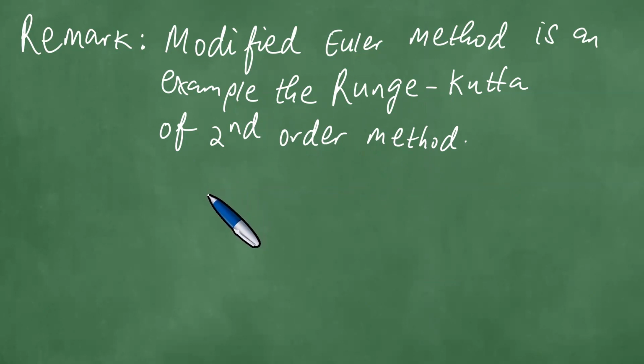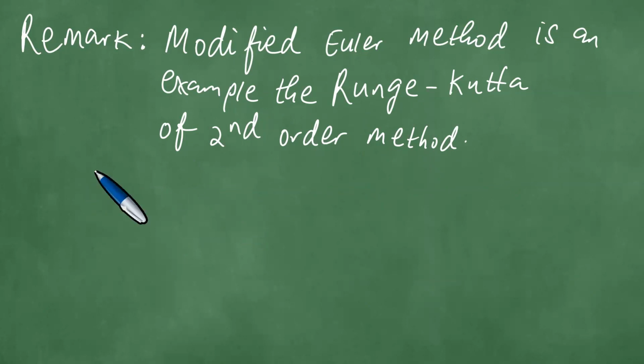Okay, the modified Euler is just Runge-Kutta of order 2, because we have Runge-Kutta of multiple orders. Runge-Kutta of order 1 is called Euler. Runge-Kutta of order 2 is the modified Euler. And then there's Runge-Kutta of order 3 and order 4, which we're going to discuss.